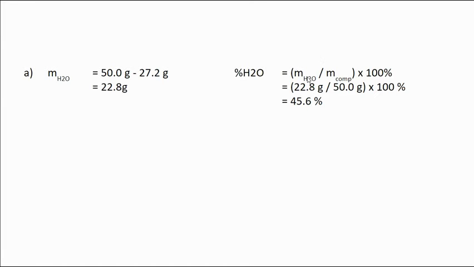I'm going to take the mass of water divided by the total mass of the compound, and therefore 45.6% is H2O. I've been careful of my significant digits again, 3 and 3, so I've rounded it to 3. Okay, I think that's pretty straightforward. We're just not breaking it down into individual elements. We're looking at the percent of water as a whole.